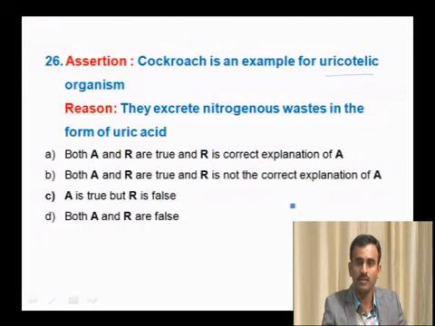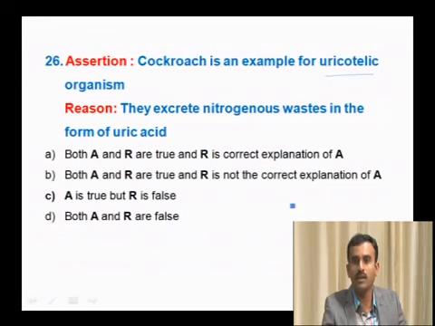The organisms which convert highly toxic ammonia into uric acid and eliminate it in the form of uric acid are called uricotelic organisms, and the organisms which eliminate nitrogenous waste in the form of urea are called ureotelic organisms.